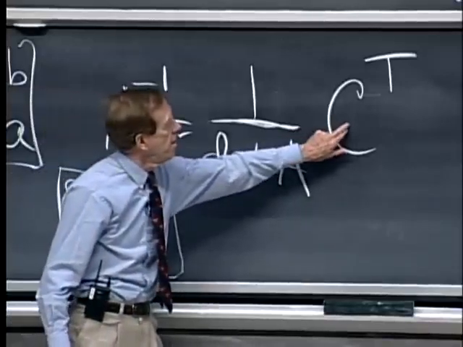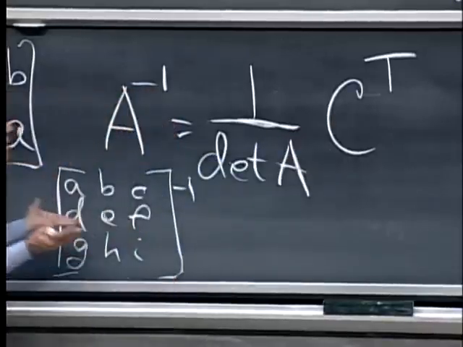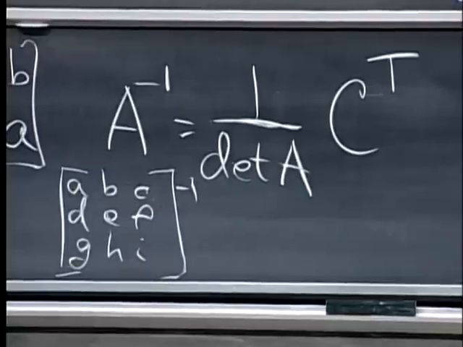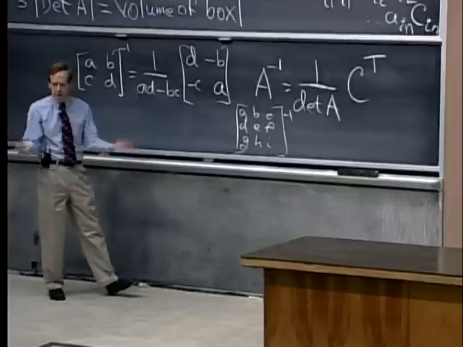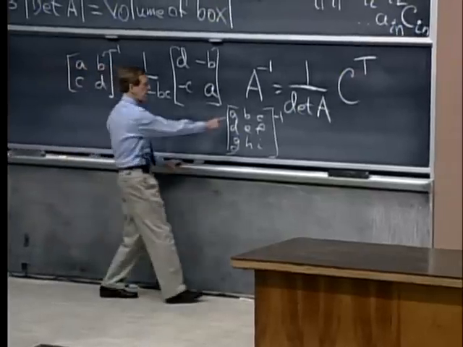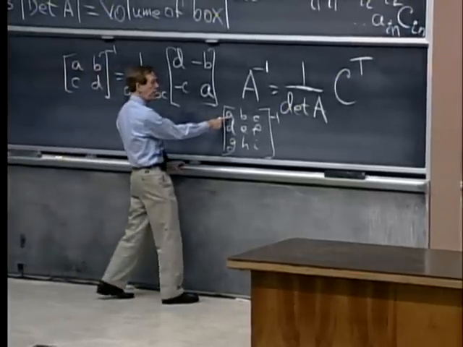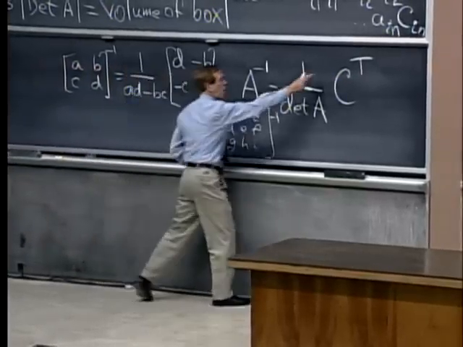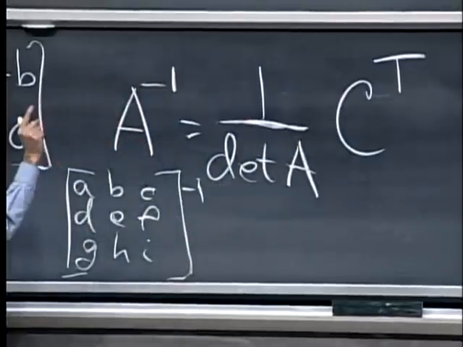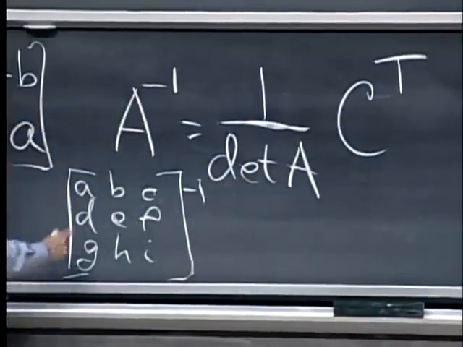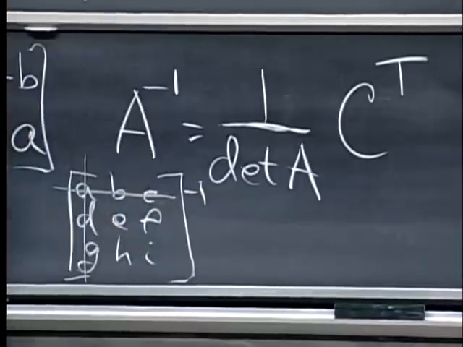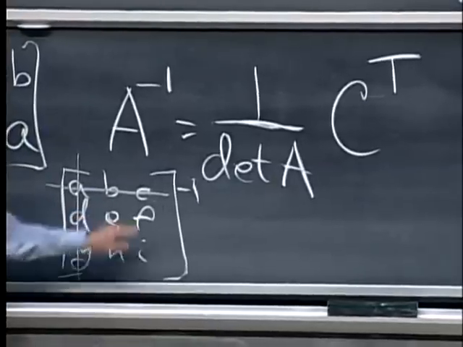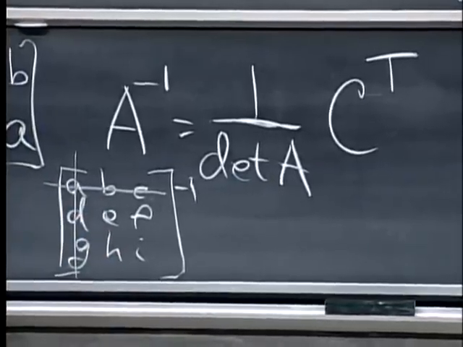How many factors do things in the cofactor matrix have? What's a typical cofactor? What's the cofactor of A? The cofactor of A, the 1, 1 entry up here in the inverse, is, I throw away the row and column containing A, and I take the determinant of what's left, and that's EI minus FH, products of 2 things.